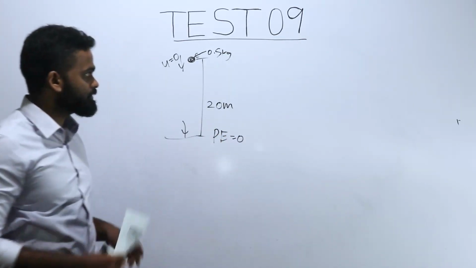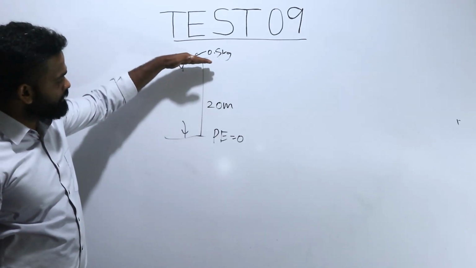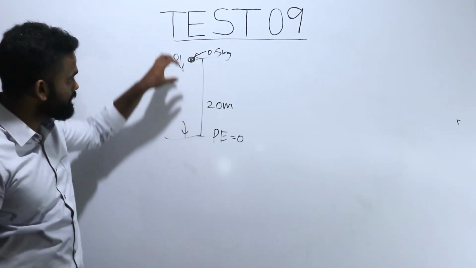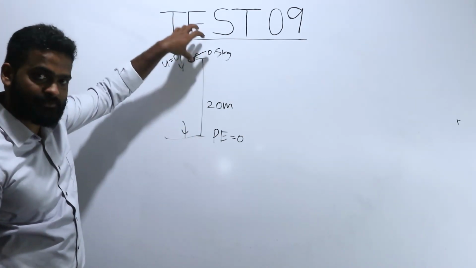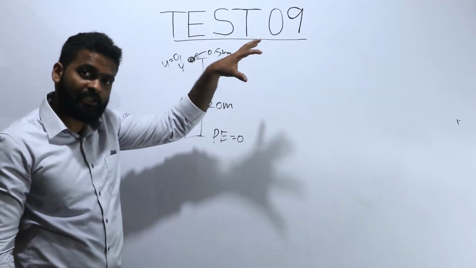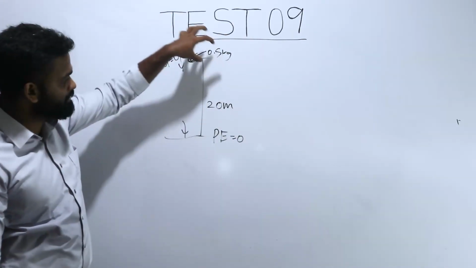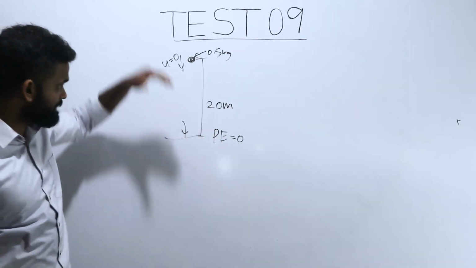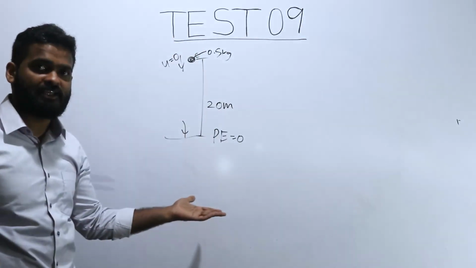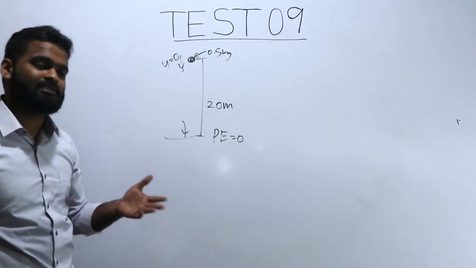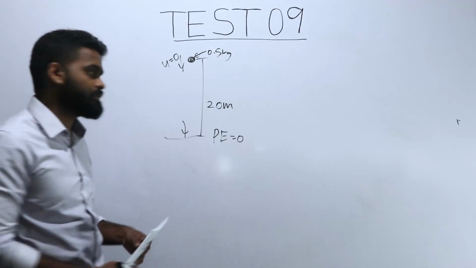Now this object has potential energy. That total potential energy has to convert completely into kinetic energy here. Meaning the potential energy is equal to the kinetic energy as it hits the ground. So you just have to find the potential energy.